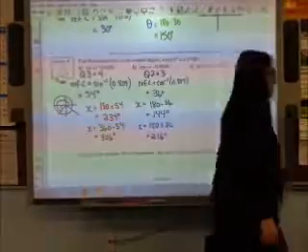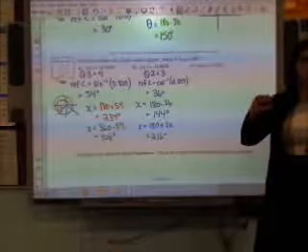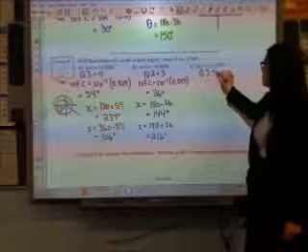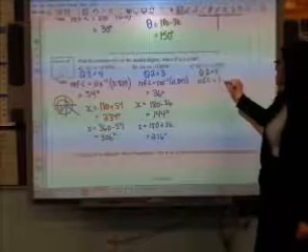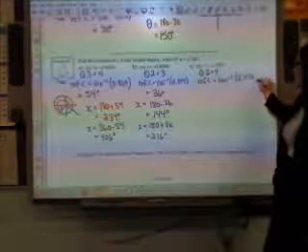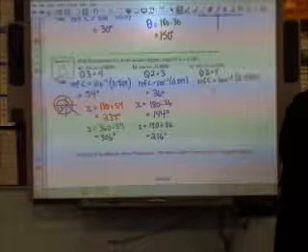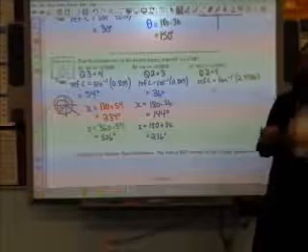So same process for tan. Tan's negative in which quadrants? 2 and 4. So now I calculate the reference angle. So that's going to be tan inverse 2.4586, which gives me what angle? Thank you.